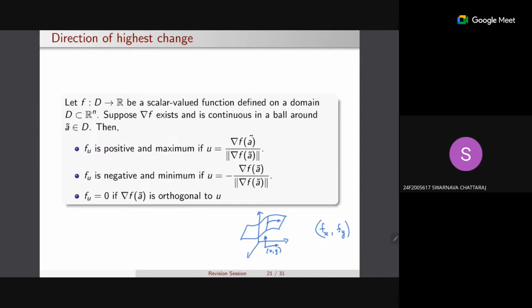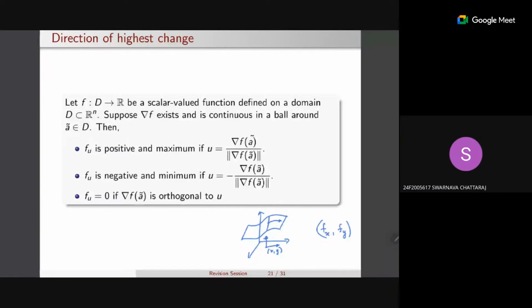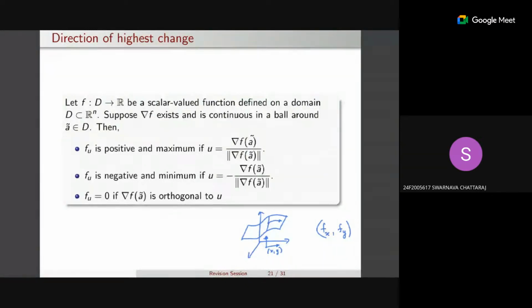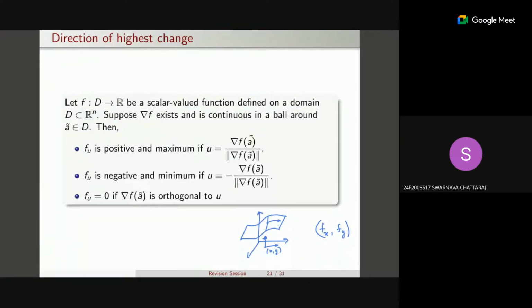This is in the xy plane. All of these vectors, this vector is also in the xy plane. So if I move in the domain in the direction orthogonal to the gradient vector, then the corresponding function value does not change, or at least infinitesimally does not change. So when I move orthogonally to the gradient.